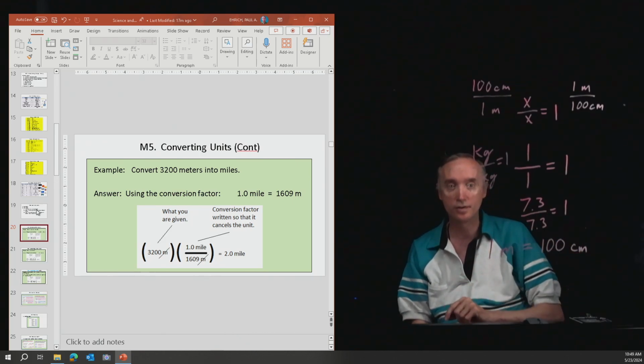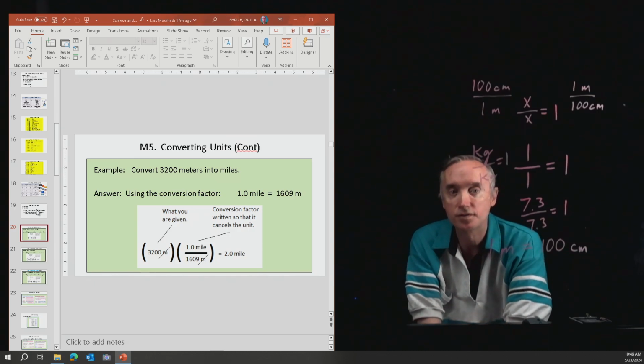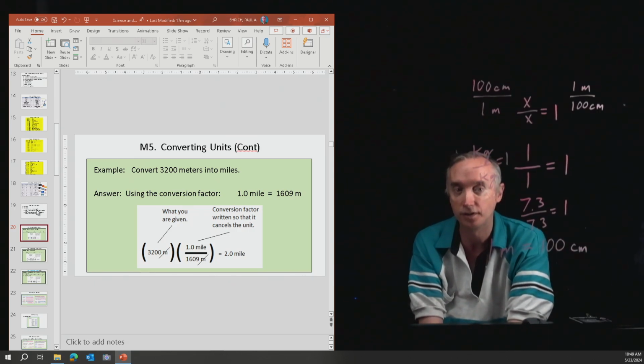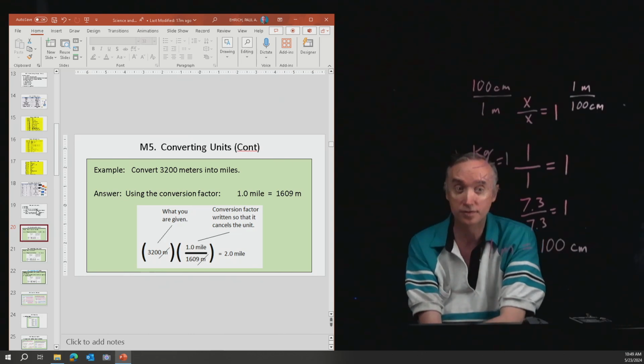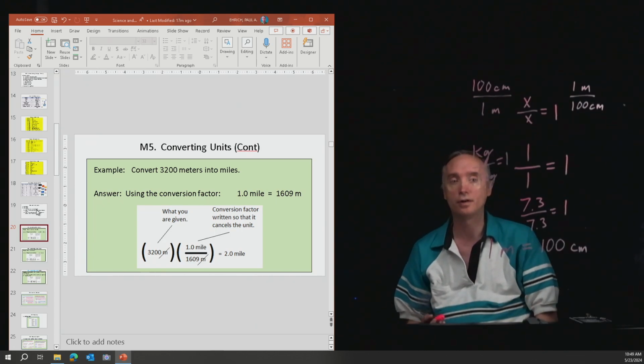In the first parenthesis, we're going to start with what we were given, which was the 3,200 meters. And in the second parenthesis, we're going to put a fraction, and that fraction is going to be the conversion factor. Now, what unit are we trying to get rid of?